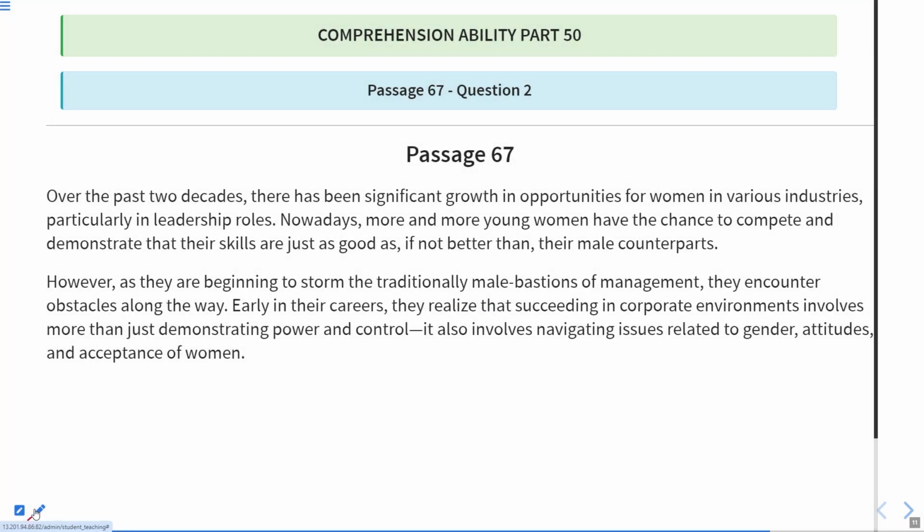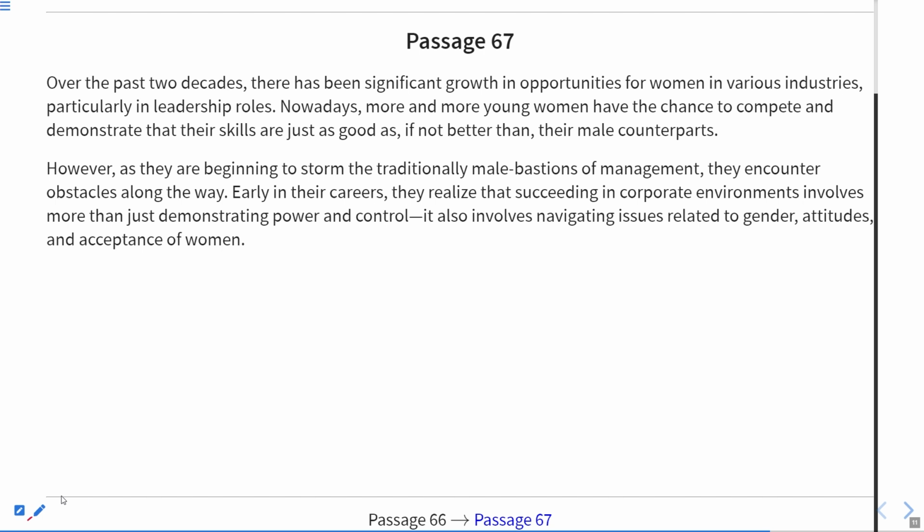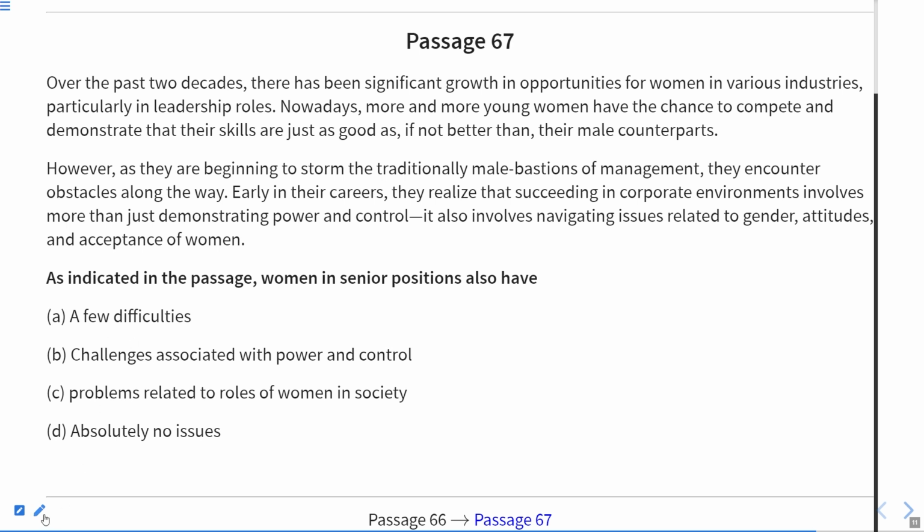The next question is: as indicated in the passage, women in senior positions also have a few difficulties, challenges associated with power and control, problems related to roles of women in society, or absolutely no issues.